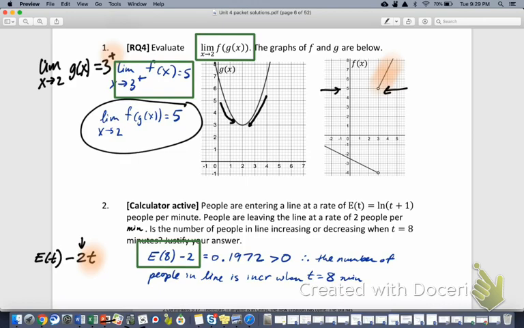So the units on the 2 would be in people per minute. The units on t would be in minutes. Therefore, the overall units would just be people. We know that the units on E of t are people per minute. So people per minute minus people really doesn't make any sense at all from a unit perspective. It's got to be people per minute minus people per minute.